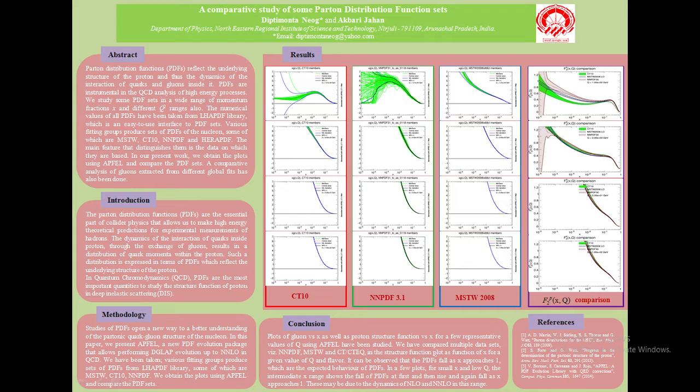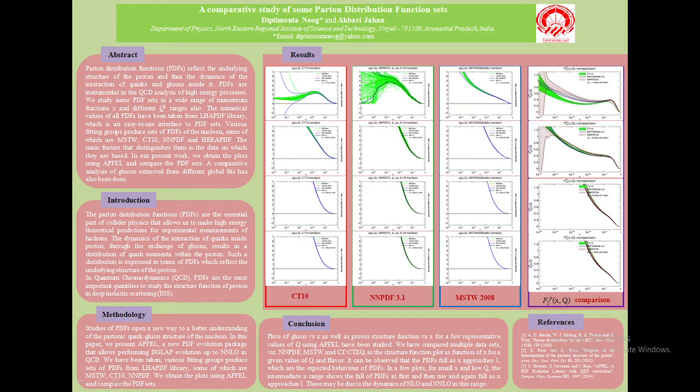In the structure function plot, as a function of x for a given value of Q and flavor, it can be observed that the PDFs fall as x approaches 1, which is the expected behavior of the PDFs.